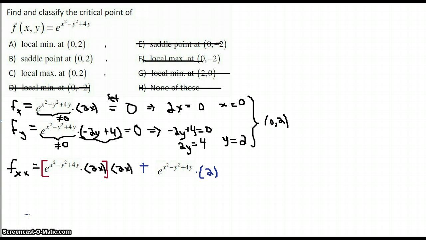Second derivative with respect to y, f sub yy, will be similar. It's going to be that same exponential term, its derivative, and all of that multiplied by negative 2y plus 4.